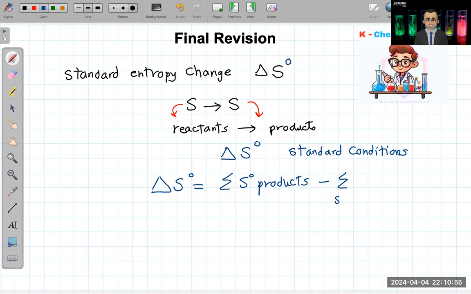This symbol means the sum of. So for example, if your entropy was 100 and it becomes 300, then the entropy change is equal to 300 minus 100, so it's equal to 200. This is the value of the change in the entropy.